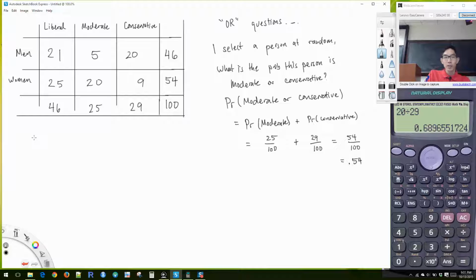What if I ask, what's the probability that someone is male or conservative? Here I'm going to select someone at random. Again, I select someone at random.